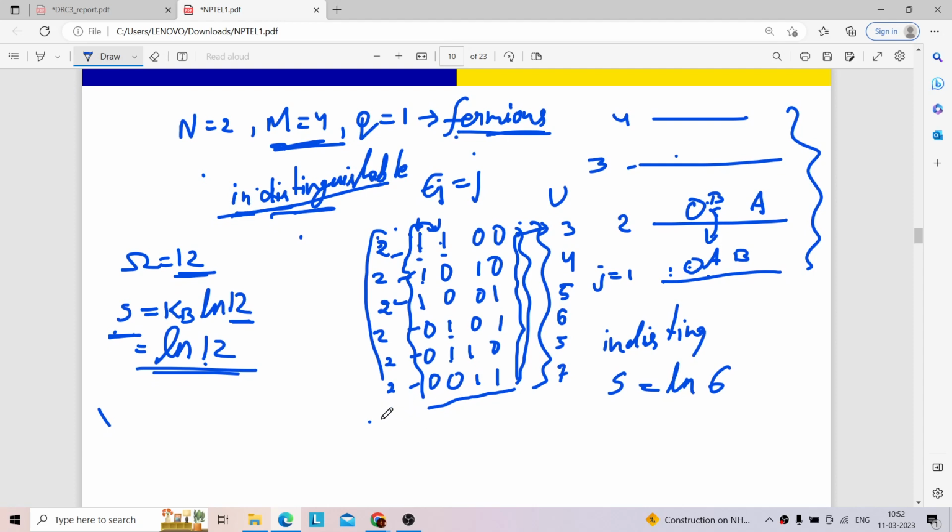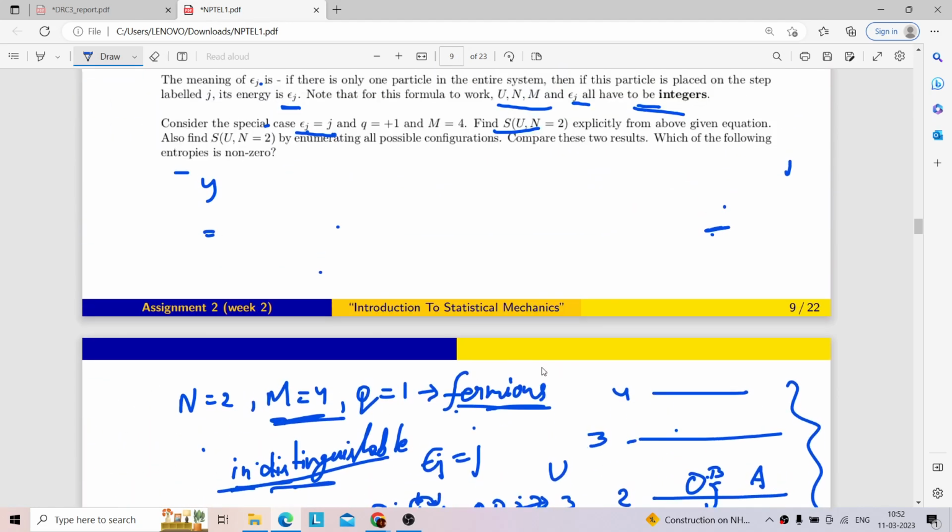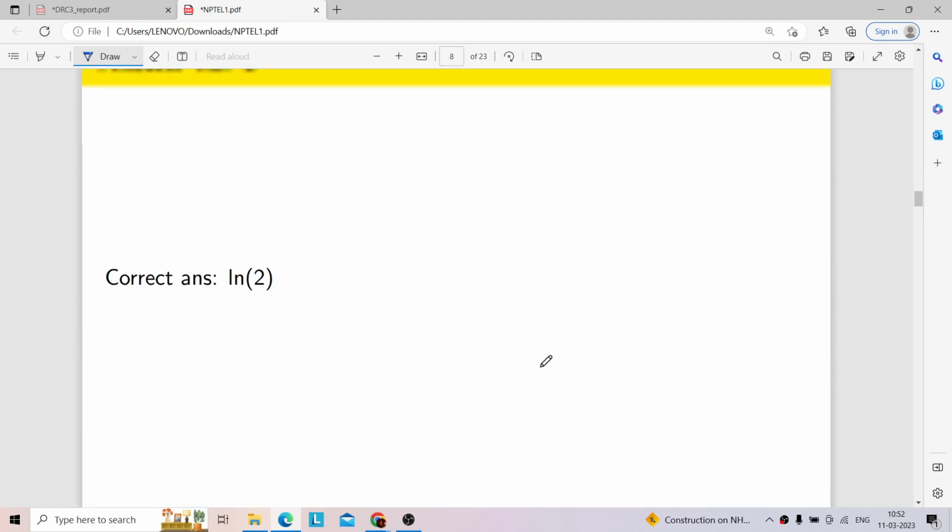Let's assume these are not fermions anymore. We are given Q equal to -1, so we can distribute these two balls in any arrangement now. So what will be the entropy for that? Okay, here I have white space.